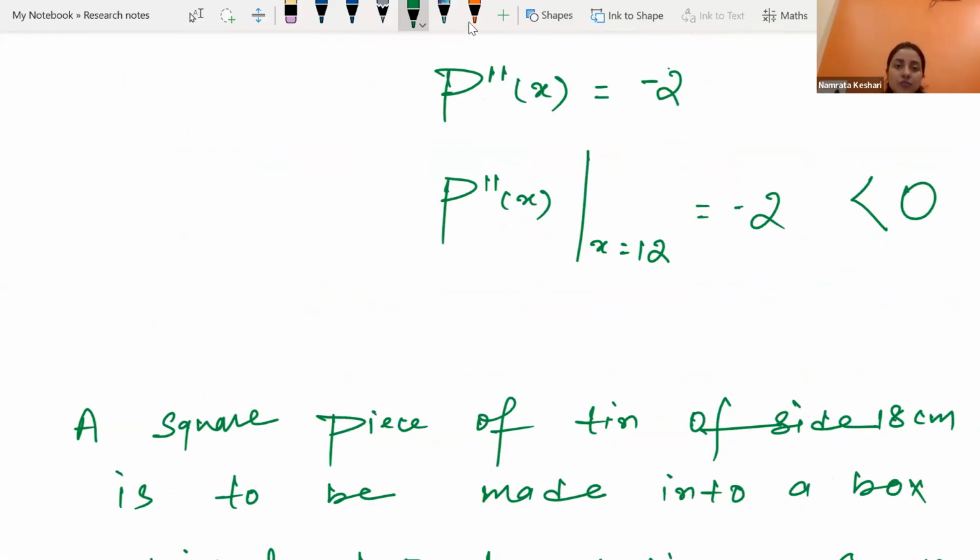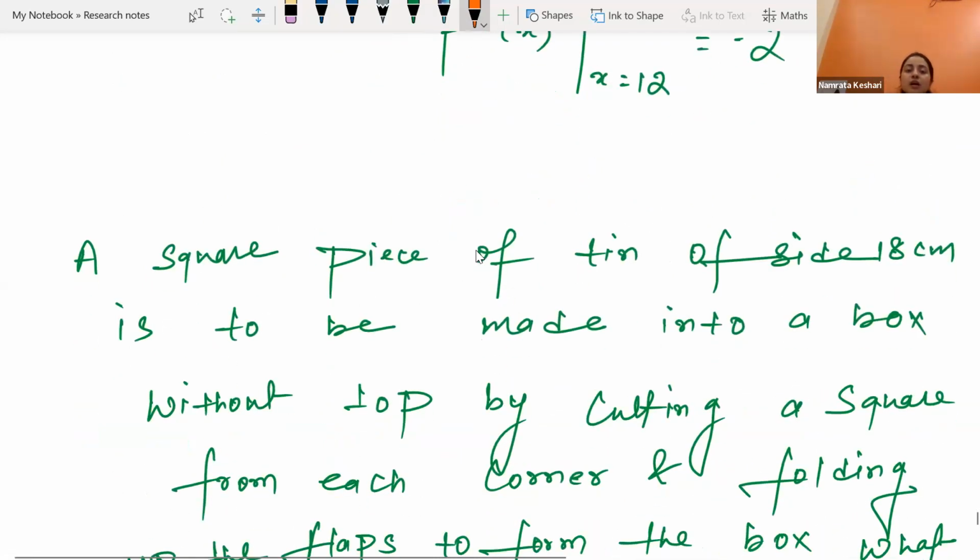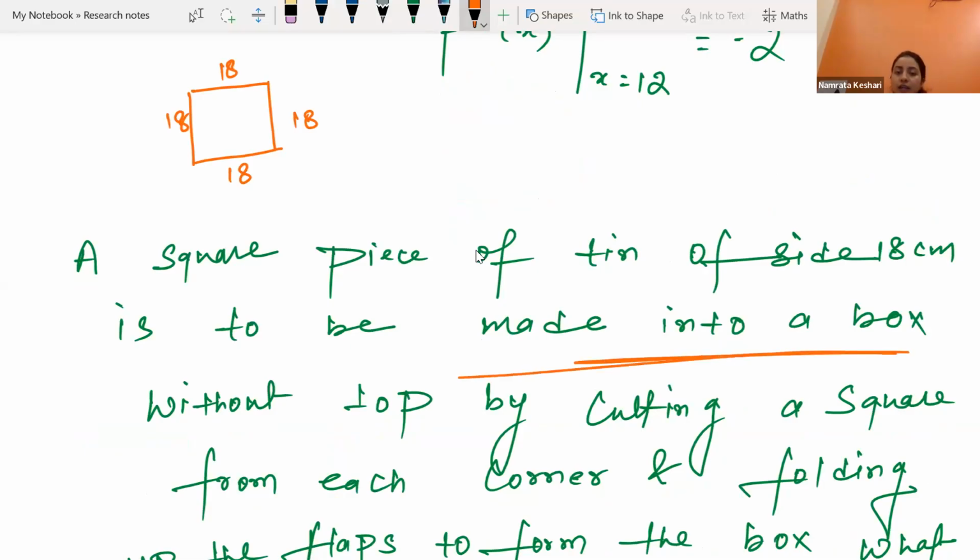So let's read the story carefully. What does it say? A square piece of tin, side 18 centimeter, is to be made into a box. This square piece of tin is a two-dimensional shape, a tin sheet, and we are trying to make a box out of it.